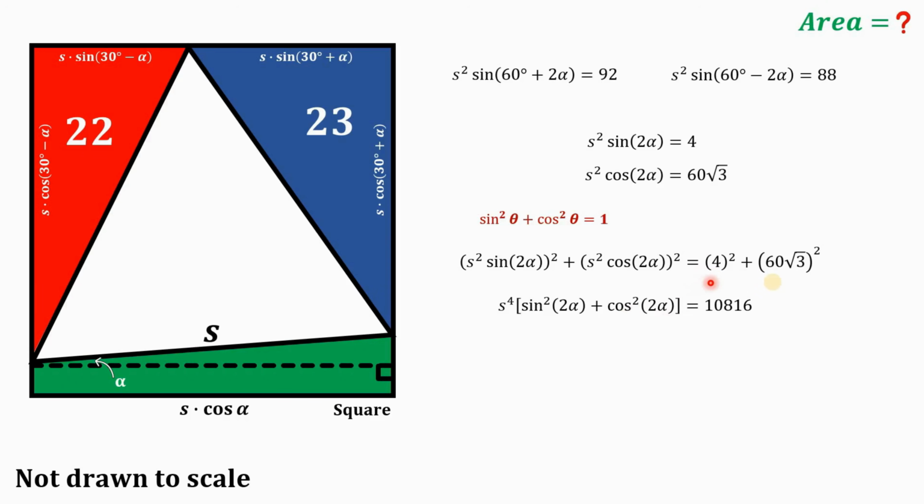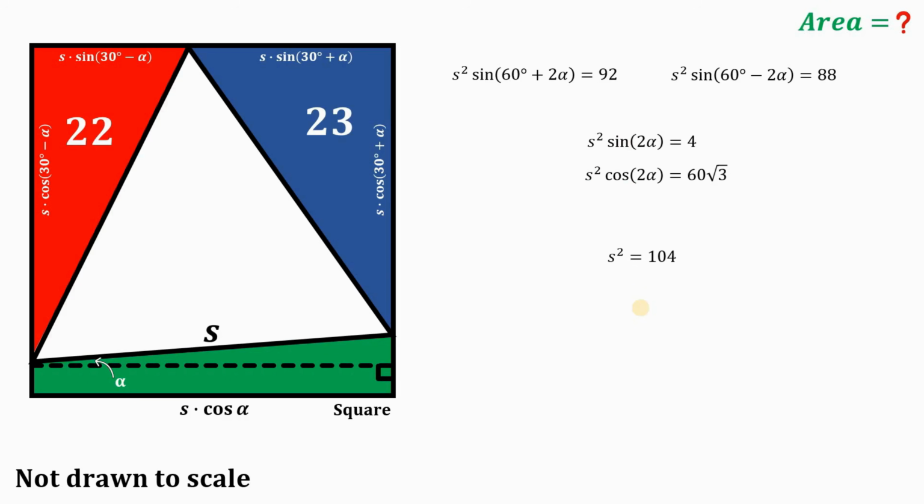And also take note, 4 squared plus 60 times square root of 3 squared is 10,816. So we have s raised to the 4th power equals 10,816. Get the square root on both sides because we need s squared, so s squared equals 104. Now, we have the value for s squared.